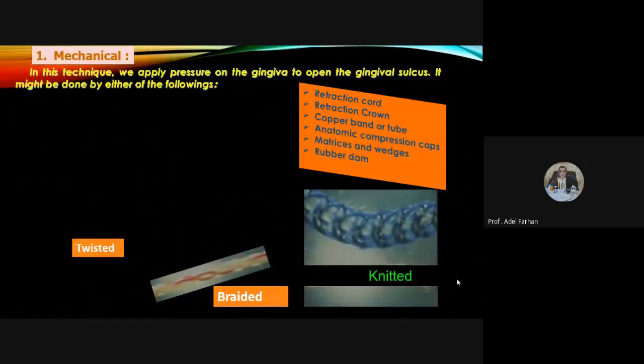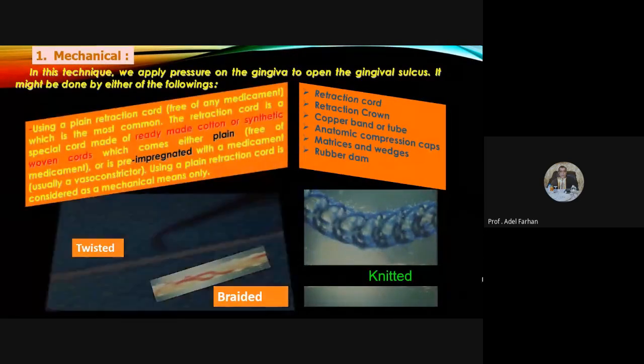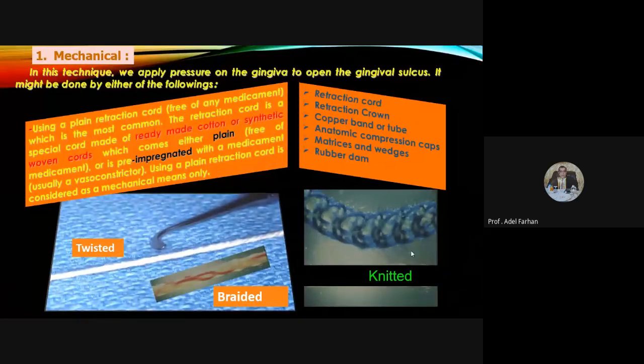As we said, with mechanical retraction we apply pressure most of the time. The technique we most often use for mechanical retraction is the retraction cord. The retraction cord is a cord made of cotton, sometimes a combination of cotton and nylon.